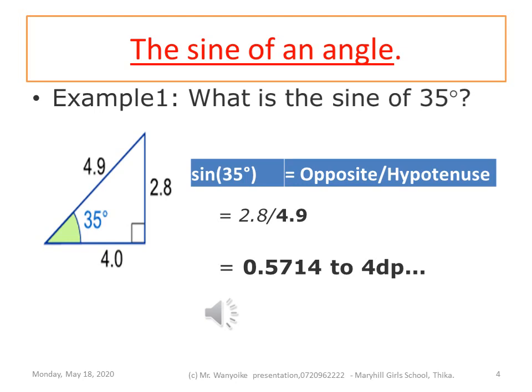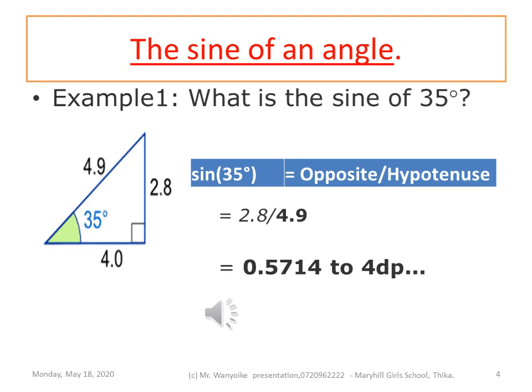Remember, the sine of 35 degrees can be calculated if you have the sides. You can also use a mathematical table, the 4-figure table, or you can use a scientific calculator. The one we said must be in degree mode and must be the one recommended by KNEC, that is FX82MS Casio.